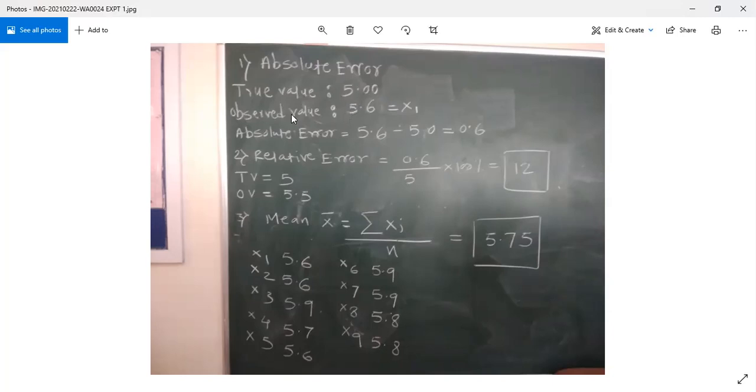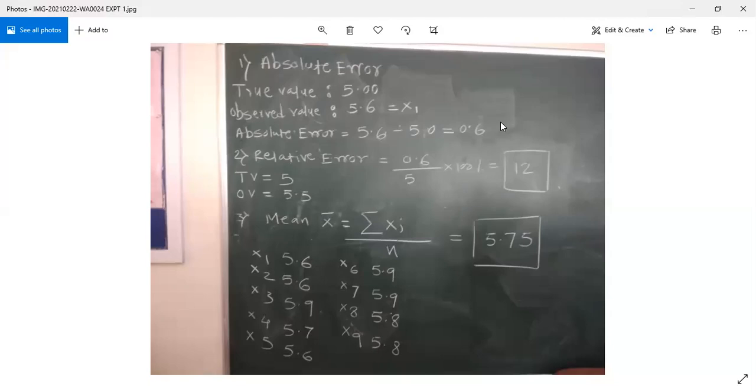So the absolute error is 5.6 minus 5, which is 0.6. The two may not always match, so you have to determine the absolute error. Have you understood, everyone?